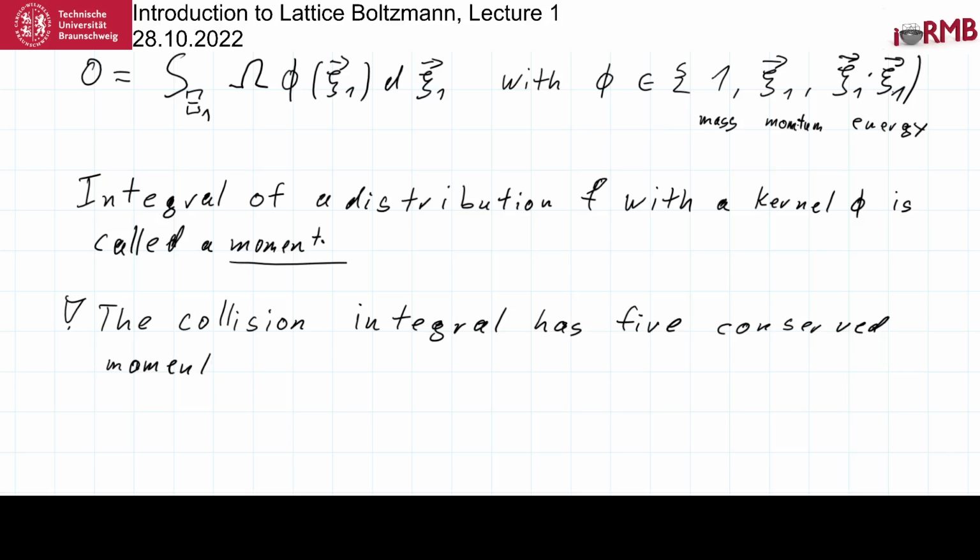The reason why it's 5 is because each velocity component is a moment by itself, and it's conserved by itself. So the velocity moment has 3 components. There are 3 of them, together with mass and together with energy. They are together 5, and they are all conserved.